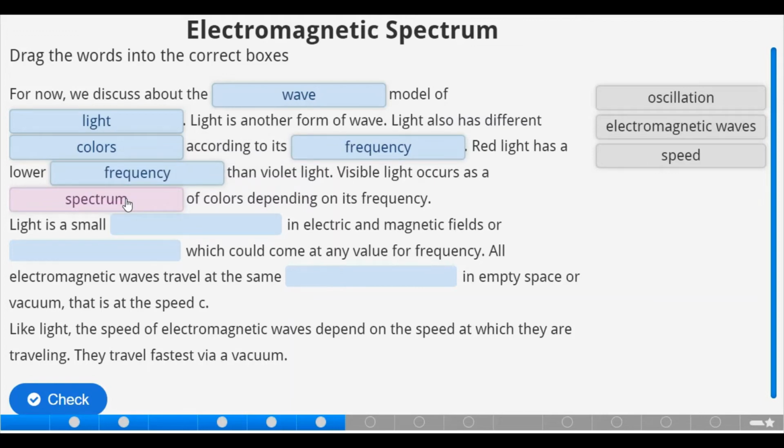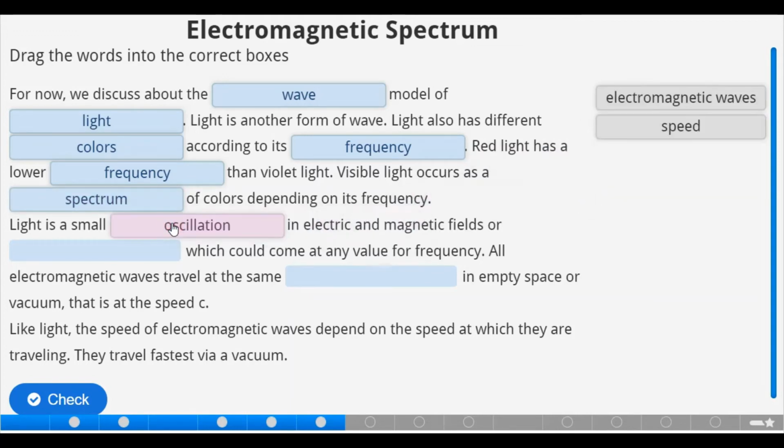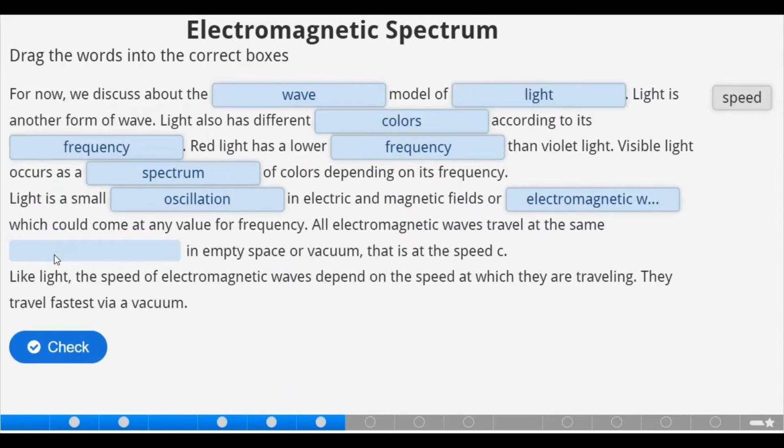Light is a small oscillation in electric and magnetic fields, or electromagnetic waves, which could come at any value for frequency.